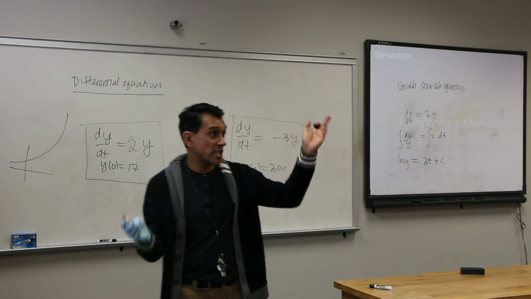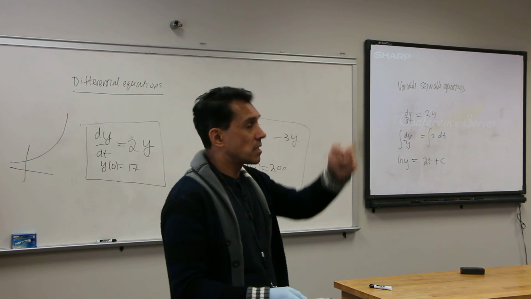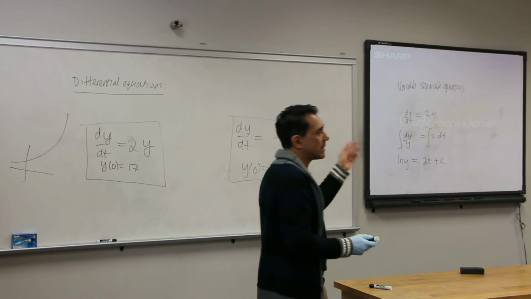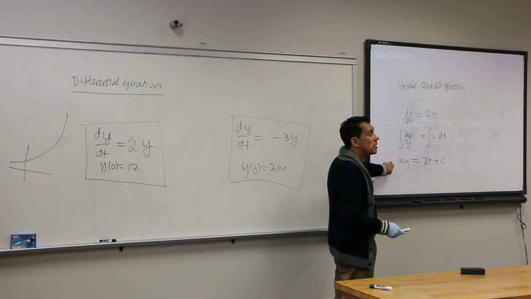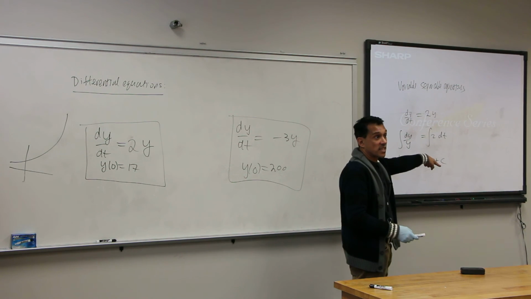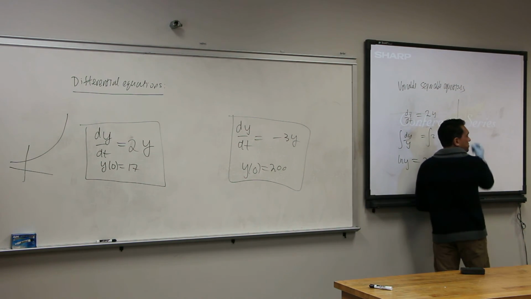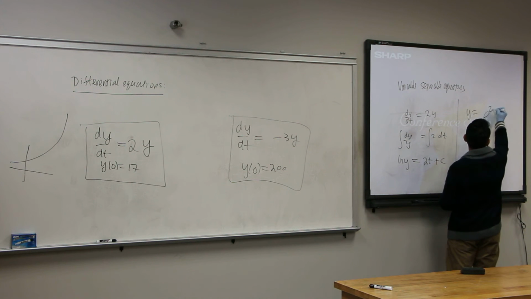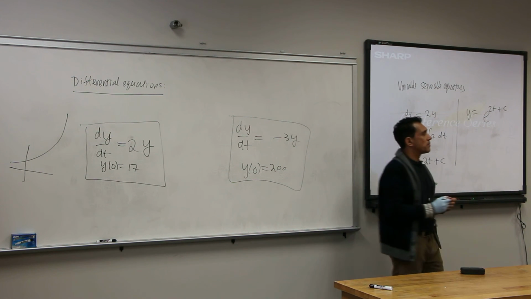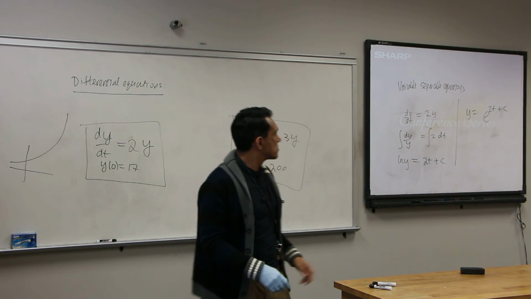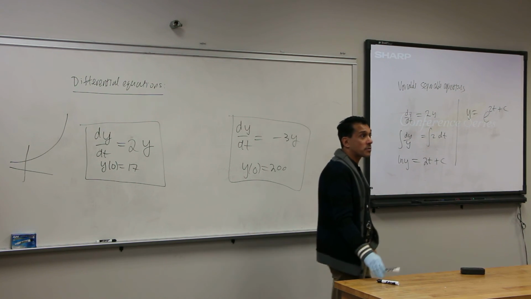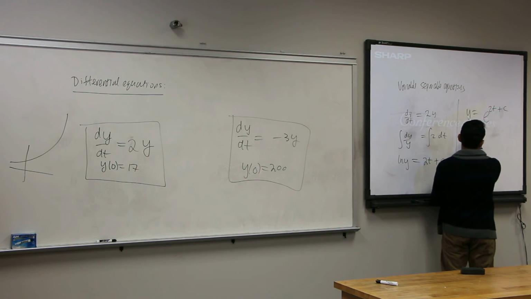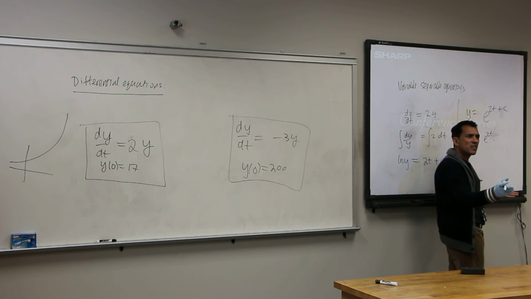Now you put in your initial condition. Except, how do you get rid of the ln? Just exponentiate that stuff. y is e to that stuff, correct? Very good. y is e to the 2t plus c. This is e to the 2t times e to the c, which is another constant.